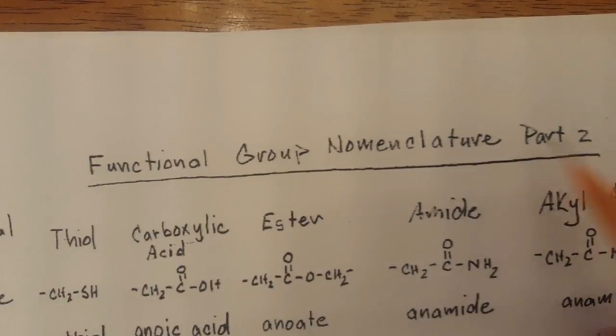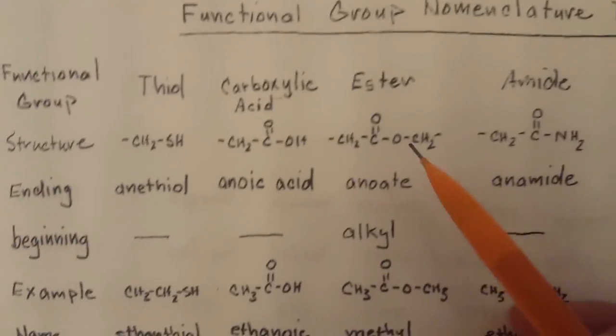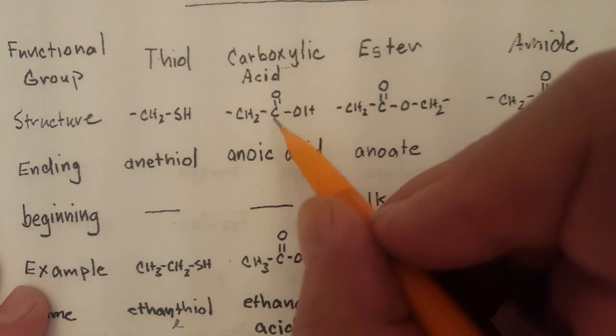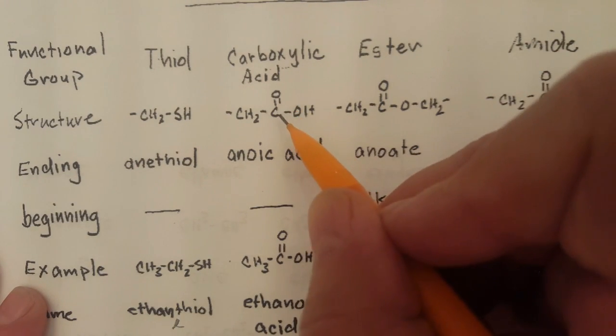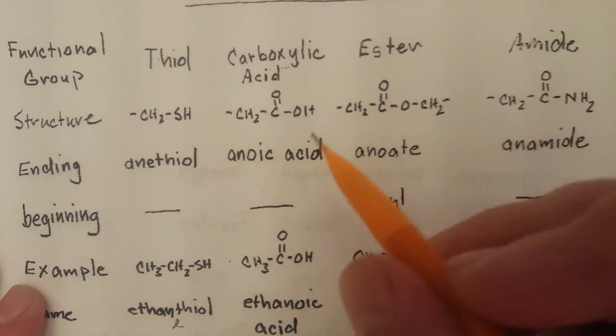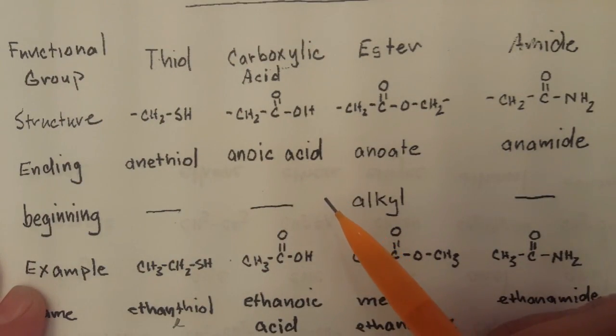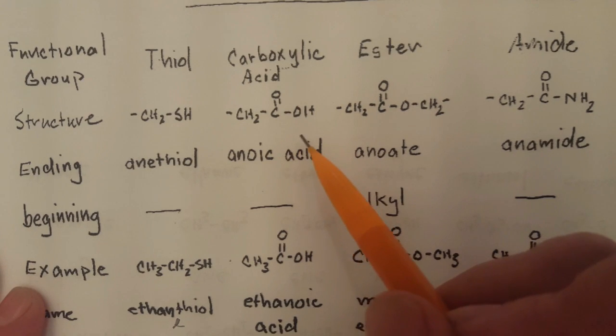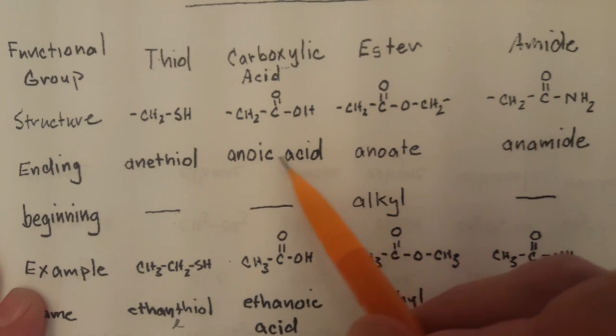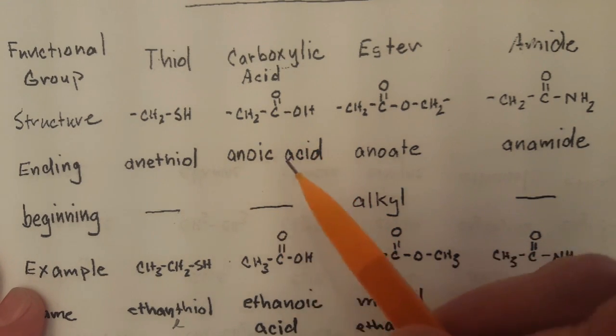Okay, and on our cheat sheet is part 2. Here we see the same kind of structure, a carbon doubly bonded to an oxygen, singly bonded to an OH. This is called a carboxylic acid as a functional group. And it's going to end in anoic acid.